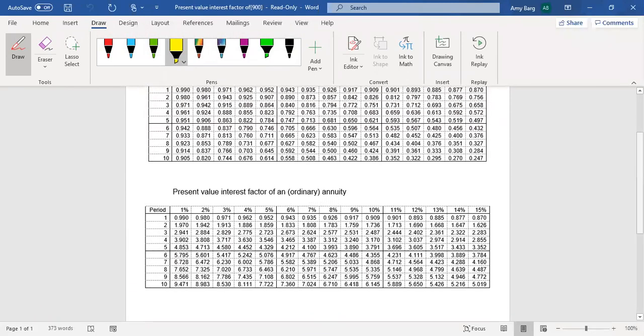So it was 14%. We would look across the top, get to the 14, and then it was 8 years. So if we follow this all the way over, it's this 4.639.